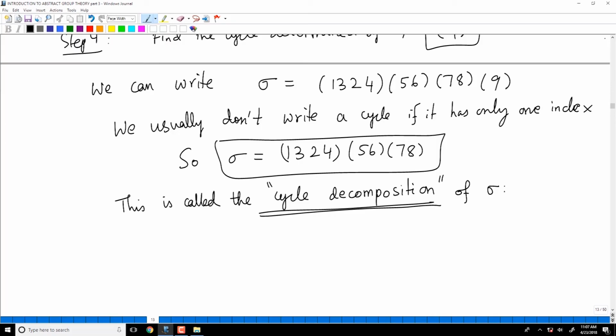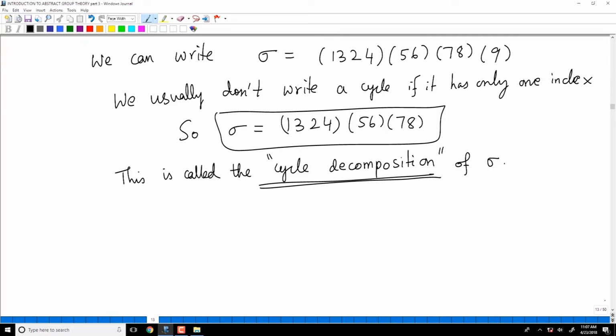So a cycle, first of all, is an element which starts somewhere and ends with that. So 1 goes to 3 in this cycle, 3 goes to 2, 2 goes to 4. So cycles are permutations of the form.